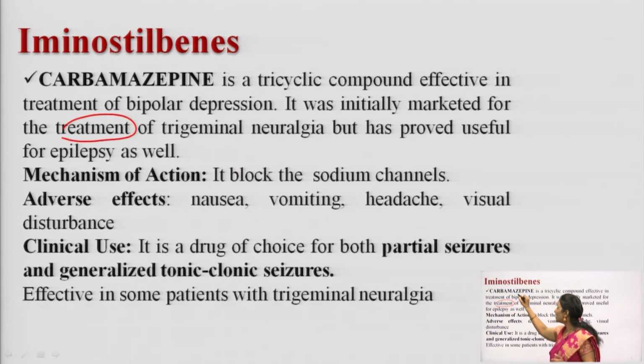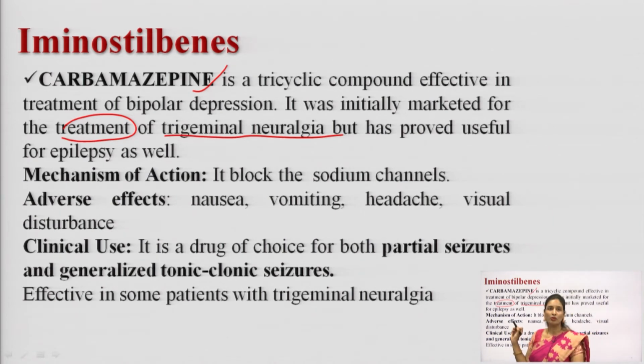Carbamazepine is an iminostilbene drug, and primarily it is used to treat trigeminal neuralgia. In this condition this drug has been used, but later on it was proved that this drug can also be used in epilepsy. So, what is the main mechanism of action of these iminostilbenes? Whenever you take this drug, it will bind to the sodium channel.